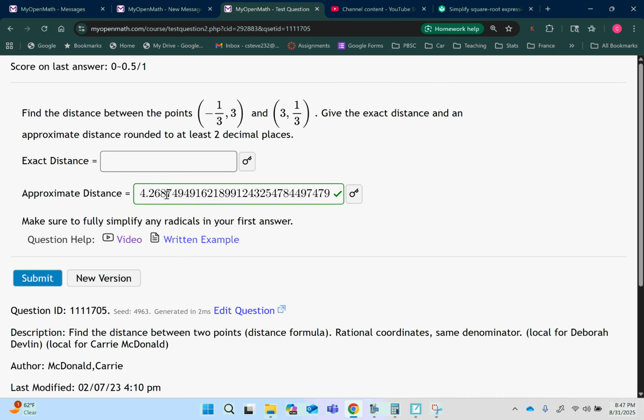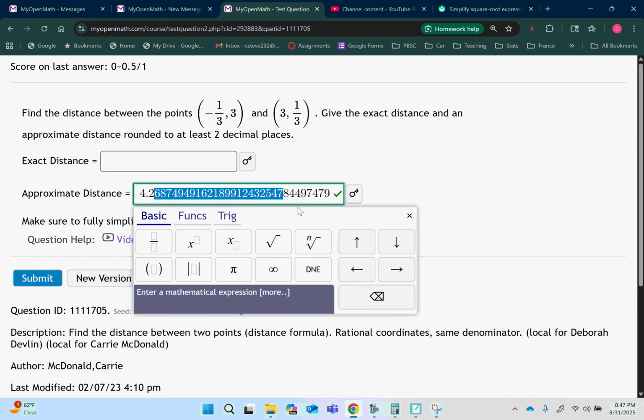Oh yeah, it was fine. But it said to round it to at least 2 decimal places, and most of the time, if you're working with a handheld calculator, you're not going to want to put in that many numbers. So you just have to make sure to round it to where it's telling you to, so that it can be marked correctly.